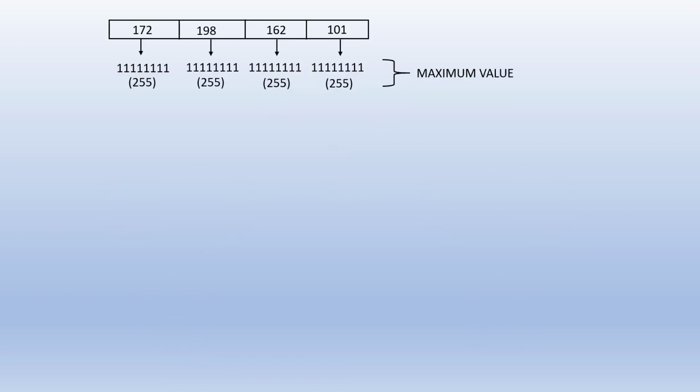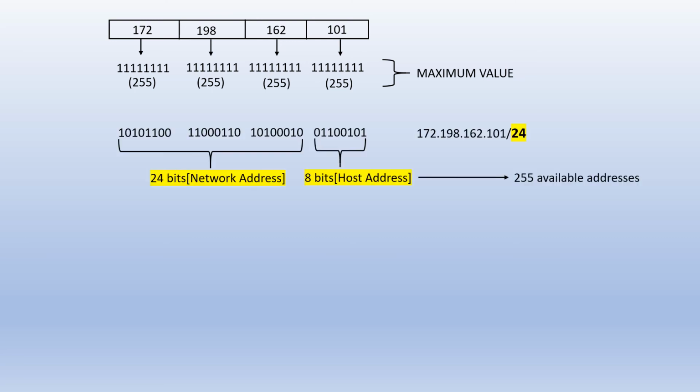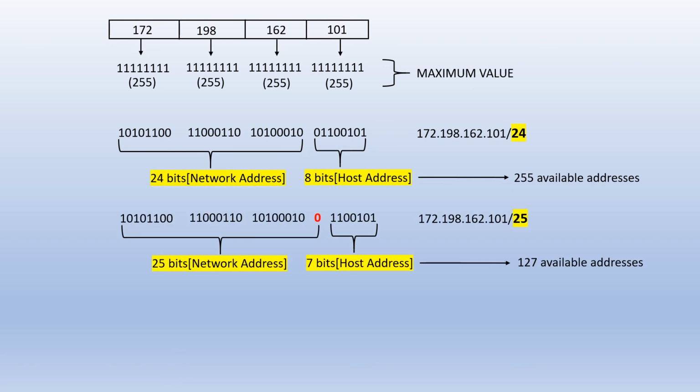Let's try to see how a network can be segregated into 2 networks. In this case, we have a Class C address where the first 24 bits represent the network address and the trailing 8 bits are the host addresses. I could ideally borrow a bit from the host address section and add it to the network address section.